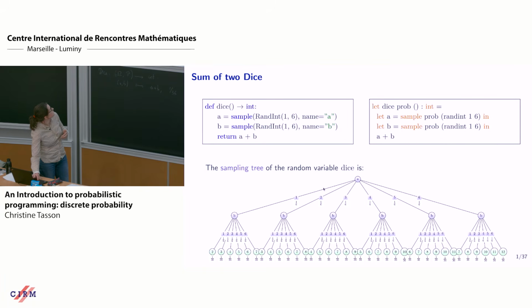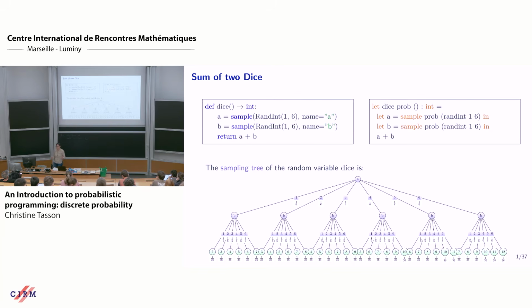To this trace, A is 1, B is 3, I get the outcome in green, 1 plus 3, 4, with probability 1/36. So here I have all the possible executions of simulating this random variable, and it's enough to describe its law.